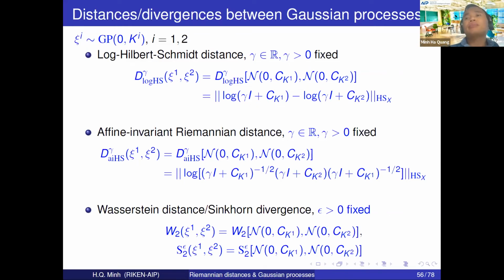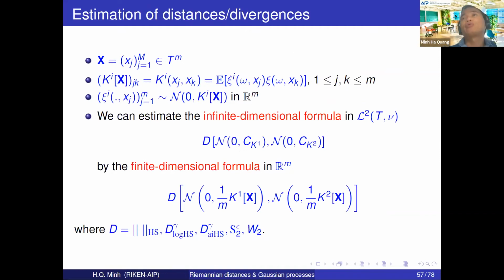Of course, C_K1 and C_K2 here are infinite dimensional covariance operators. Now we want to estimate them from finite dimensional versions. If we have a finite set of points x in T, and we have these vectors distributed according to the Gaussian measures with zero mean and covariance matrices K[x], we want to estimate these infinite dimensional quantities from the finite dimensional ones.